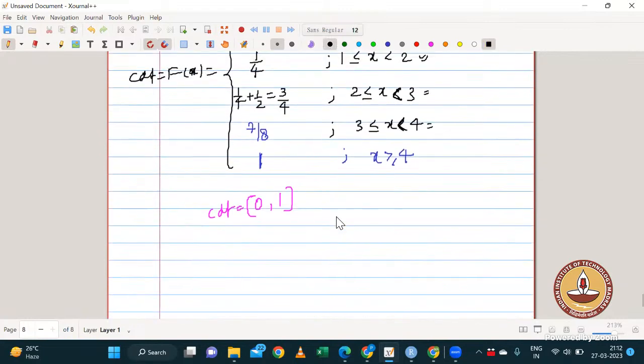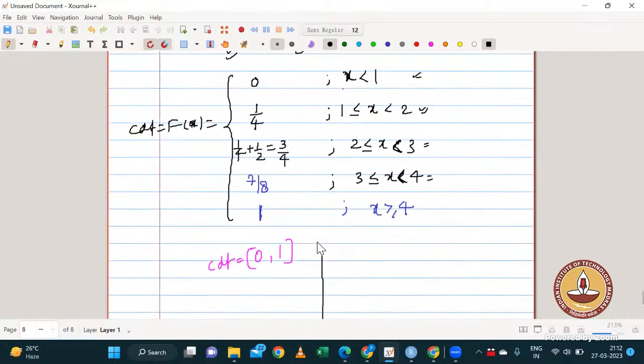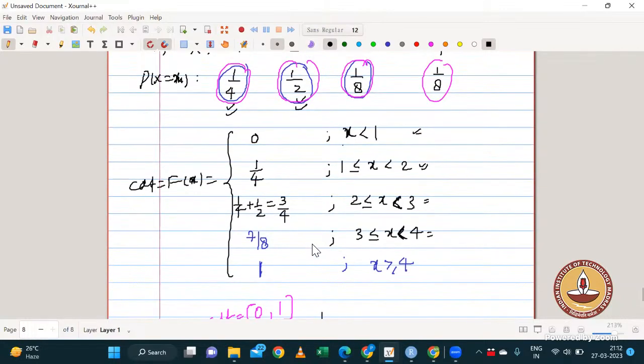Okay, so how will we draw it? The CDF is drawn stepwise. So this is 0, this is 1, this is 2, this is 3, this is 4. What are the probabilities? It's 0.25.